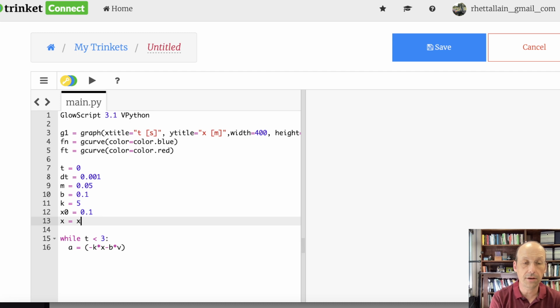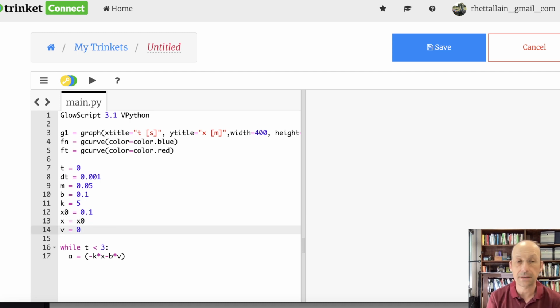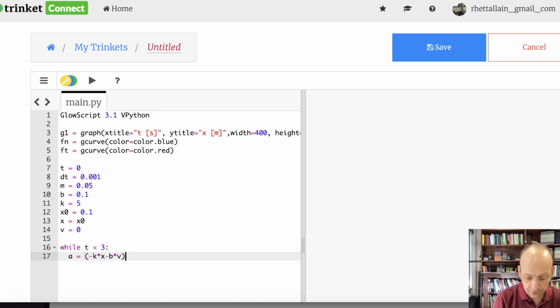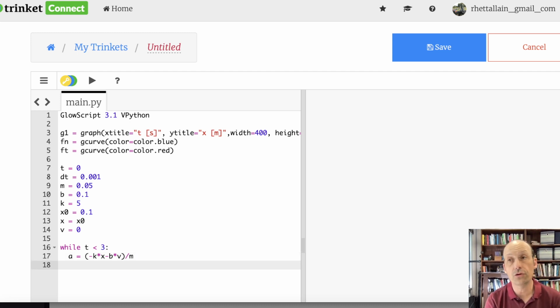I can say x equals x0. That's where it starts. And v equals 0. That's its initial velocity. And you may think, why are you doing x0 equals x and then saying x? Because I'm thinking about the future. And then I need to divide this by m. So that's my acceleration. Now I'm going to use that to update the velocity. So v equals v. It's still not big enough.